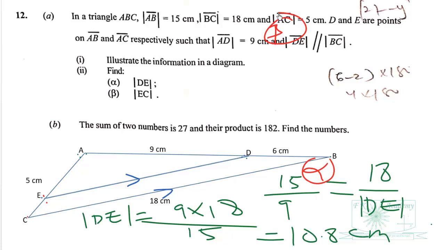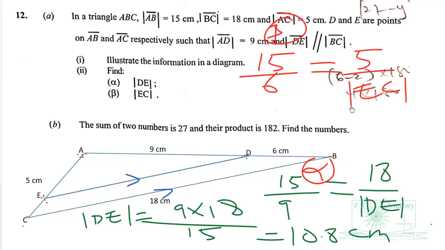So we will have 15 over, from here to here, 15 over 6 will be equal to, from here to here, which is AC, and AC is 5 over EC, which is what we don't know.